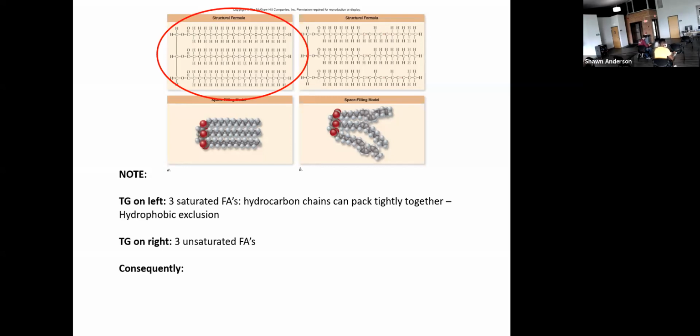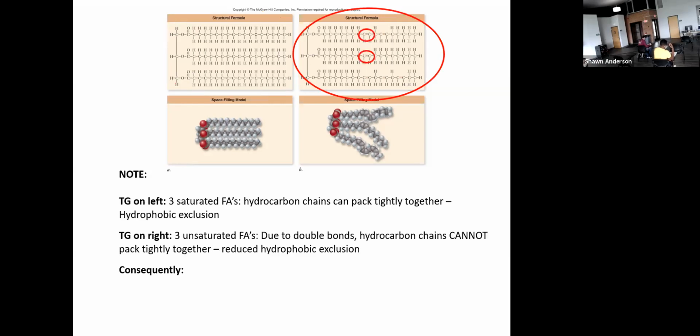If they had the opportunity, they would also undergo some pretty extreme hydrophobic exclusion interactions, but because they're so far apart from each other, they can't do it. I'm giving her all she's got, Captain. I can't form the exclusion. I can't do it. Right? So, we get reduced hydrophobic exclusion.